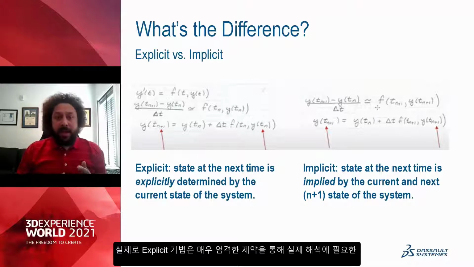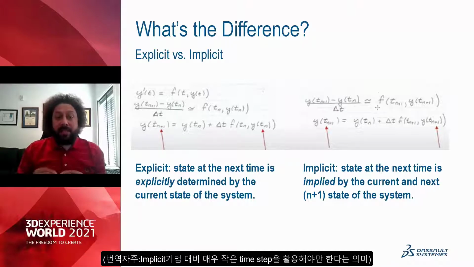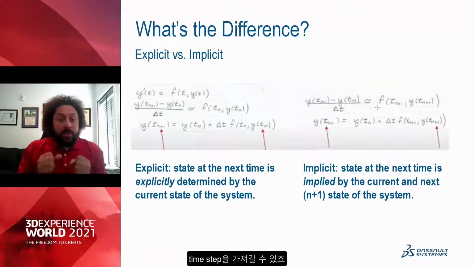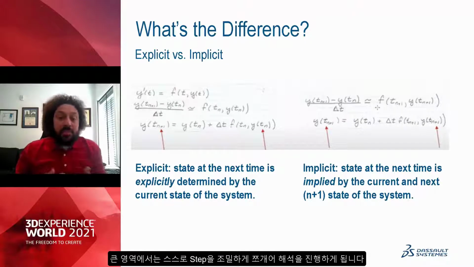So the explicit solver has some really stringent requirements on the size of the step you can take. With the implicit solver, you can take larger steps, but when you have really short duration events with large changes from the previous step, the implicit solver starts to break down.